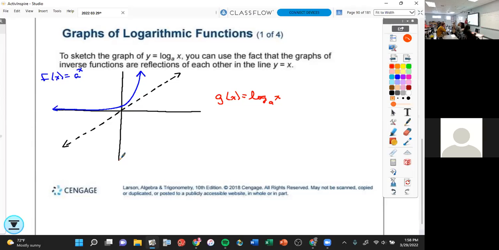Is it down here? What's that point right there? 1, 0, right? Because if they're inverses, x and y switch. Does it appear that the red and blue graphs are symmetric about the line y equals x? There you go.